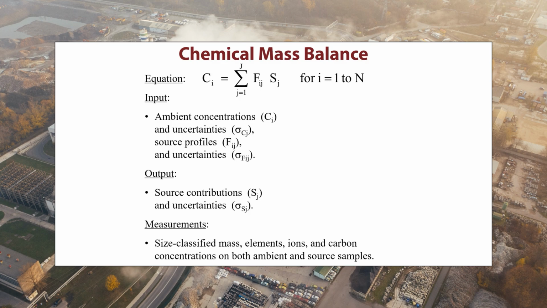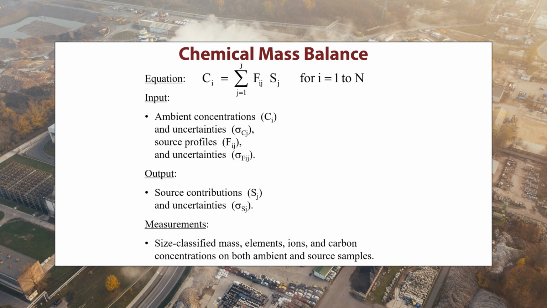So this is mainly based on mathematical models and statistical models. So in this case, the input parameters are the ambient concentration Ci and its uncertainties, and source profiles and their uncertainties. Output is the source contributions and uncertainties.